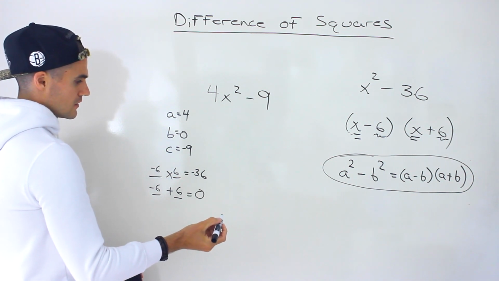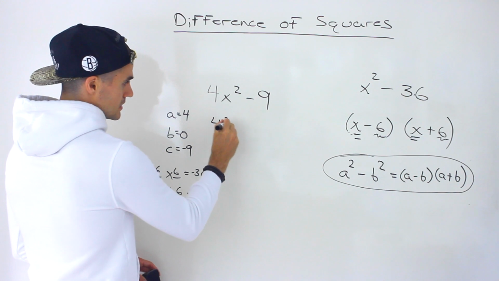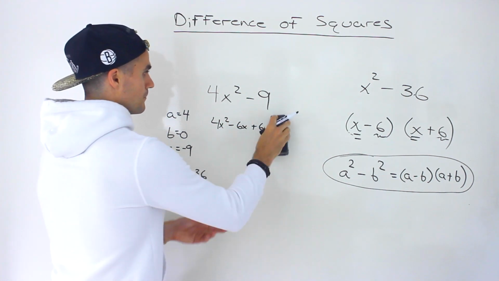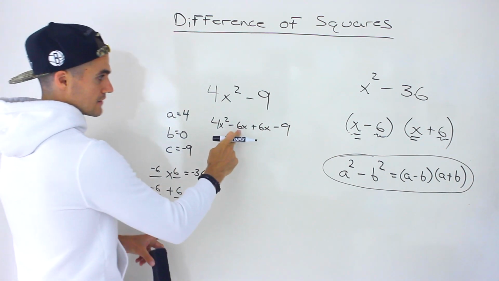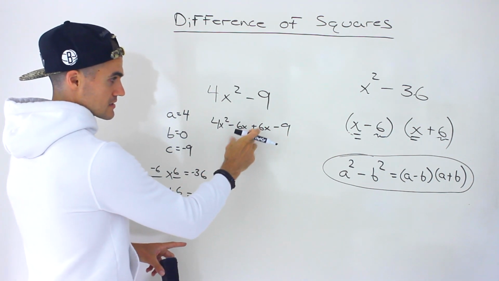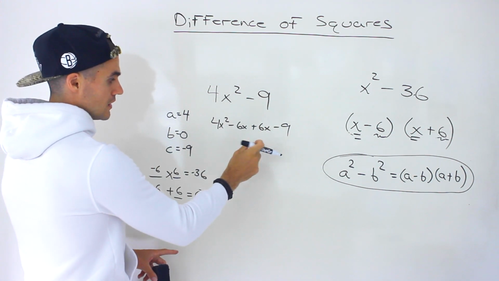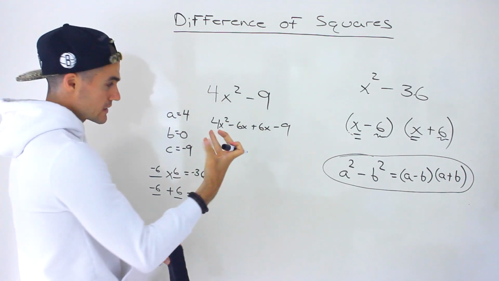And so what we could do is that 0x, we can decompose that into these two values here, right? -6x plus 6x gives us 0x, which is just 0, so there's no middle term here. But we found these two numbers to decompose that 0x into.